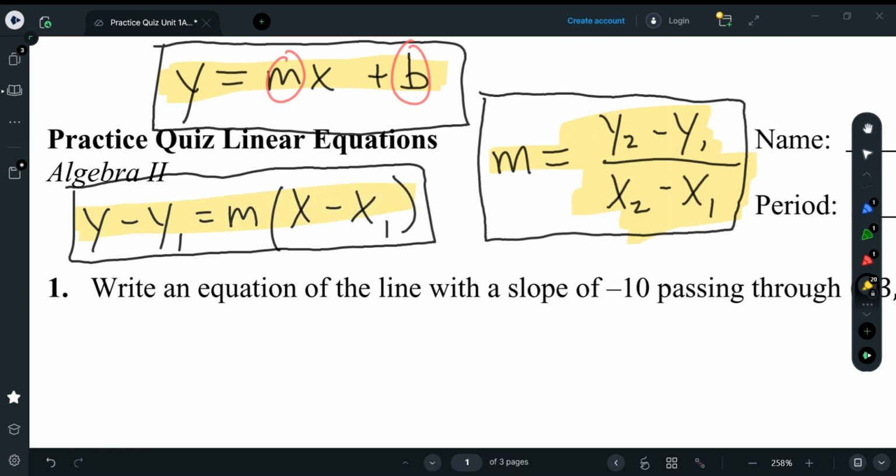That's this one here. And to write this equation, you plug in the slope, and then you plug in the x and y coordinates of one point. So that would be x1 and y1. You plug in to those three places. Okay. So again, you don't have to memorize this. You're going to have this given to you on the quiz.